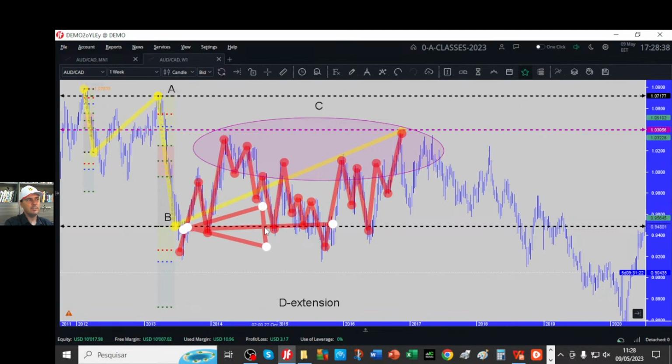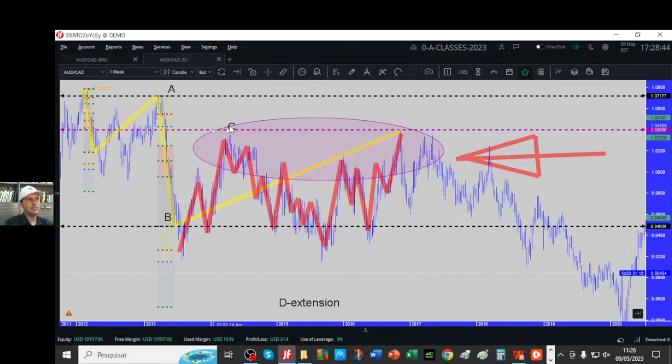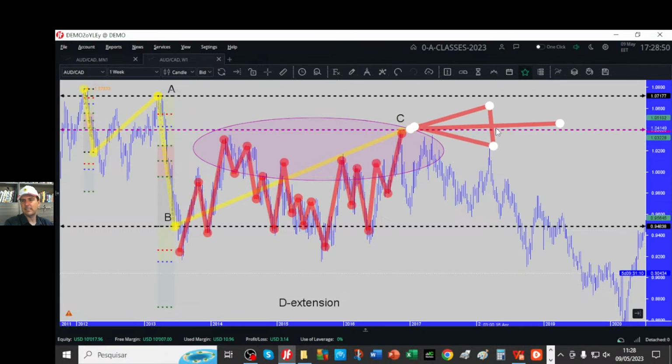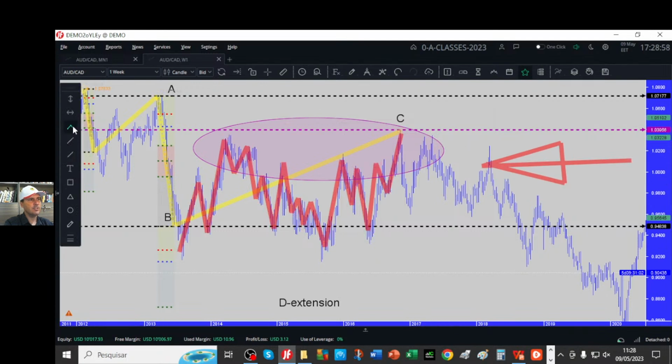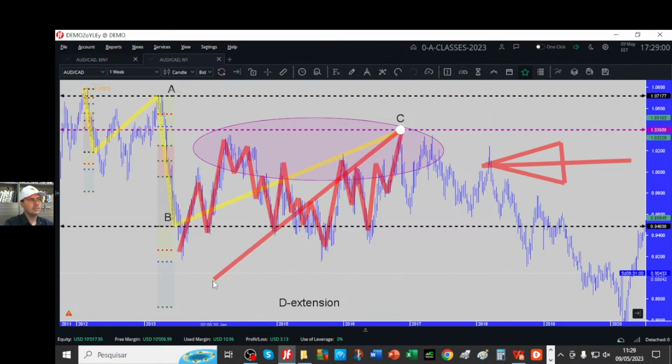So A to B, B to C, B to C is a retracement. Of course, back in time the C was up in here, but then it made a higher point. So this is now our C, make sense? So because we didn't hit the blue, then our D extension is where? Green, exactly, green.